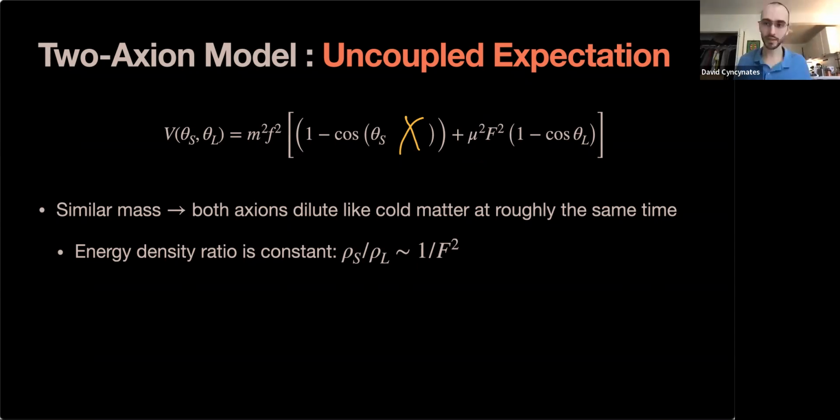Now, because both axions have similar masses, mu is order 1, their energy densities begin diluting like cold matter at roughly the same time. This means that the initial energy density ratio is preserved through time. So the final energy density ratio is the same as the initial energy density ratio. The short axion is down by a factor of f squared.